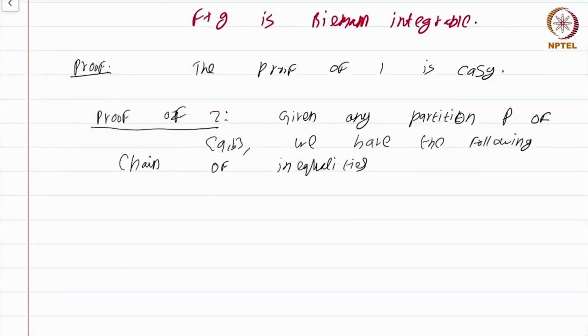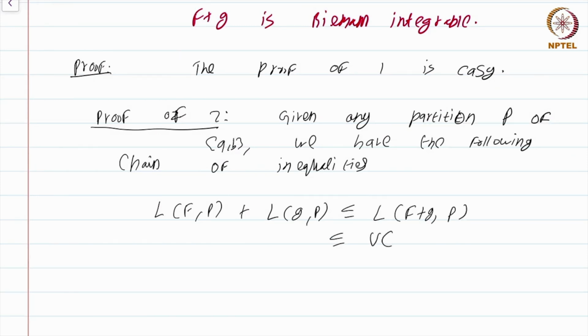We have L(f, P) plus L(g, P) is less than or equal to L(f plus g, P), which in turn is less than or equal to U(f plus g, P), which is less than or equal to U(f, P) plus U(g, P).